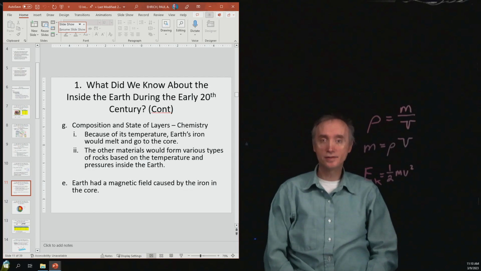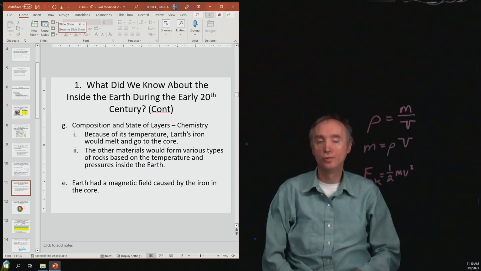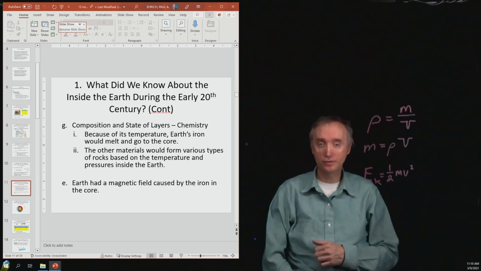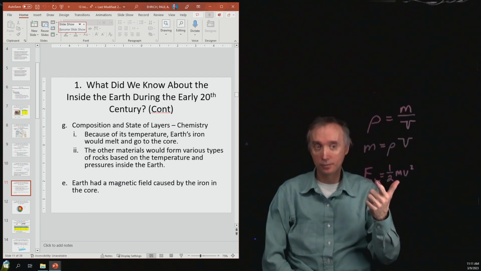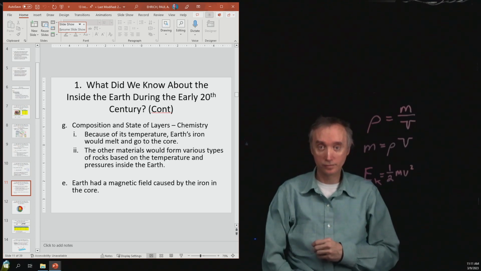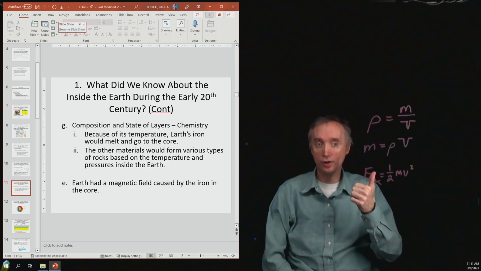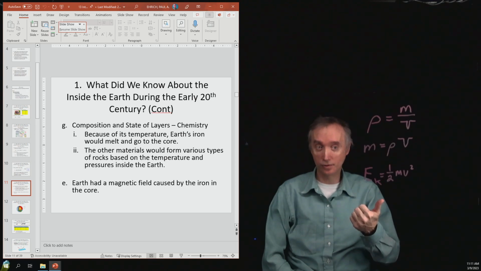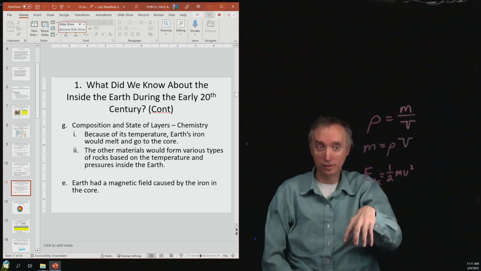Okay, then the next thing is, how do we know the rocks that are inside the Earth? Now we have to go to chemistry. And in chemistry, chemical reactions are going to be controlled by temperature, pressure, and the available chemicals that you have to work with. Okay, so we now know what the temperature is, or at least we think we know what the temperature is as we go deeper inside the Earth.